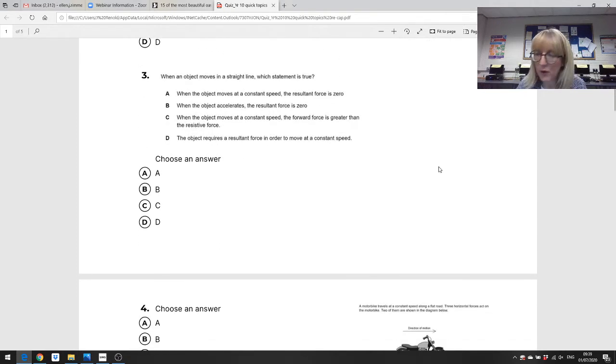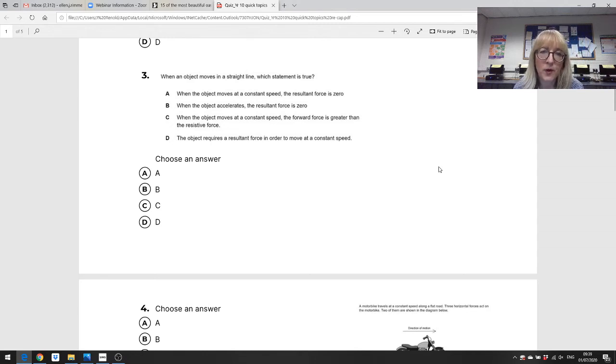Question 3. When an object moves in a straight line, which statement is true? So A says when the object moves at constant speed, the resultant force is 0. Well, that's true. Let's have a look at the others, though. When an object accelerates, the resultant force is 0. No, F equals ma. It has to have a force.